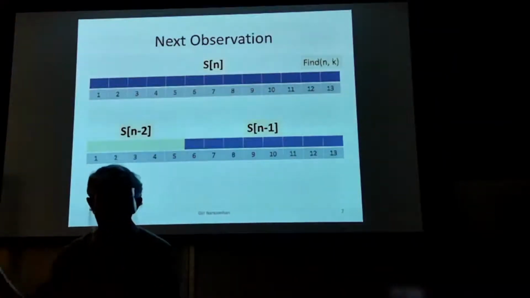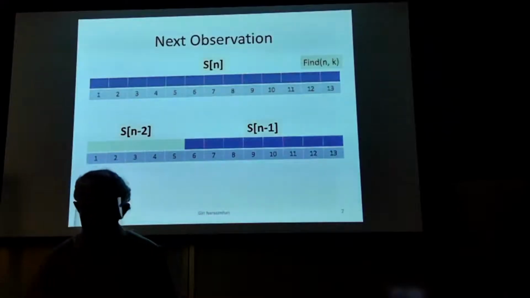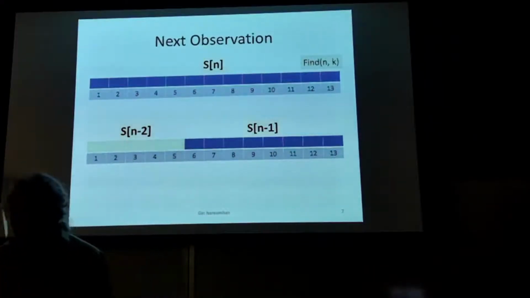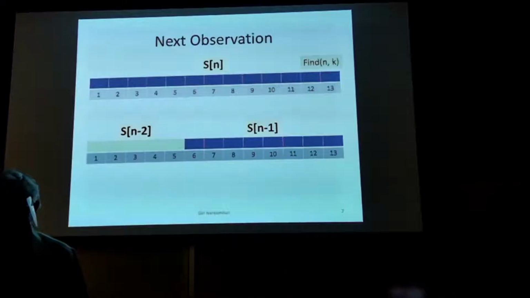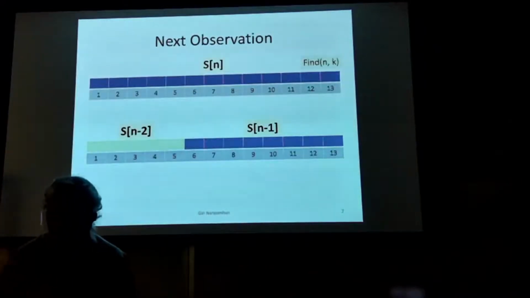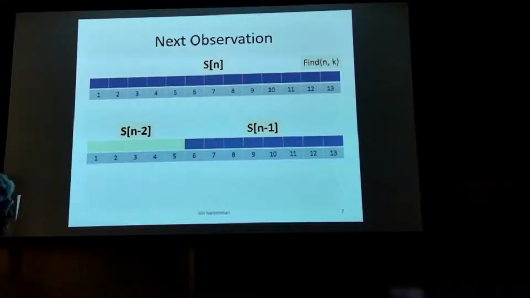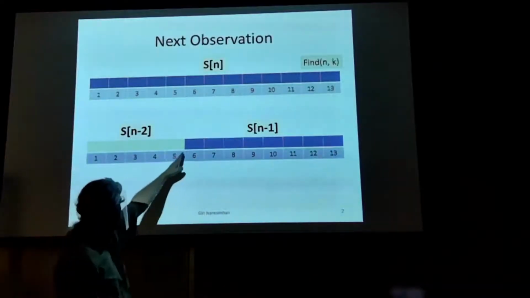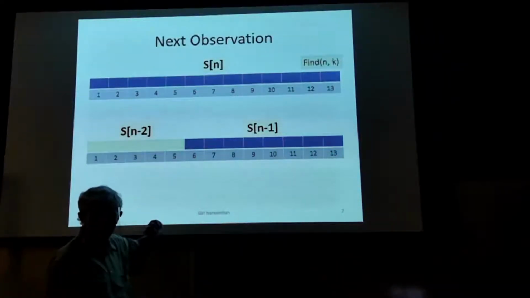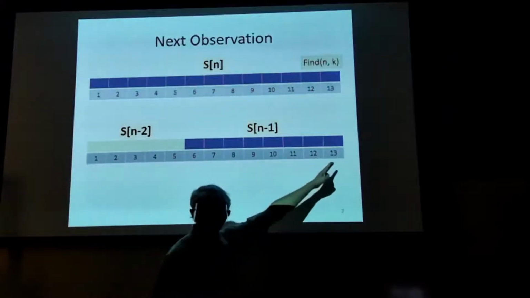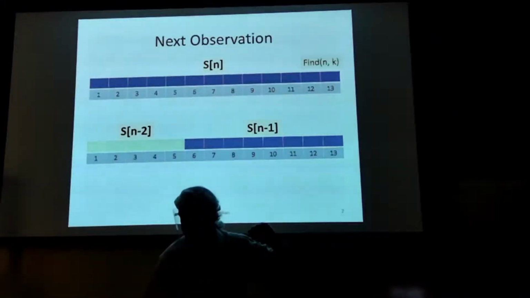I compare k with the n minus 2th Fibonacci number. Because we know that the length of this is the n minus 2th Fibonacci number, and the length of this is the n minus 1th Fibonacci number.